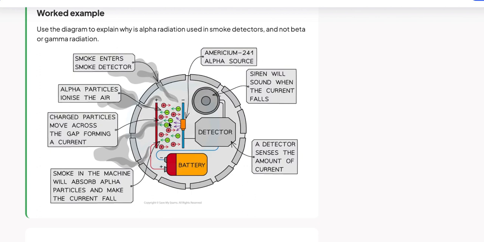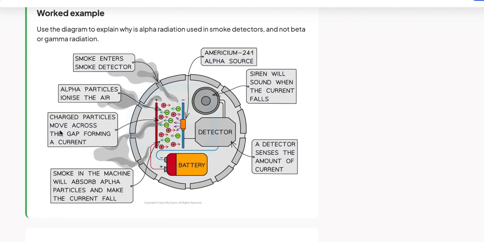The alpha source was releasing alpha particles that were initially ionizing the air and causing current to flow in this system. Look at it here. Alpha particles ionize the air. See, the alpha source is releasing particles here, going here, ionizing the air, and causing current to flow.